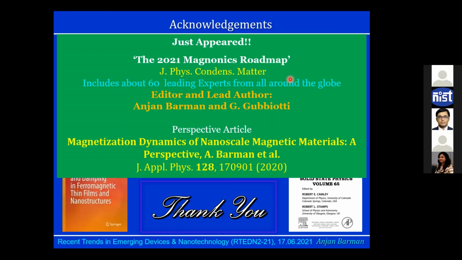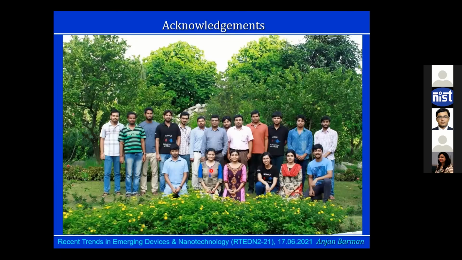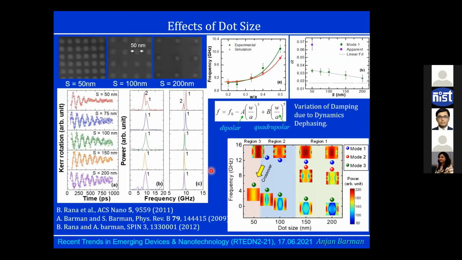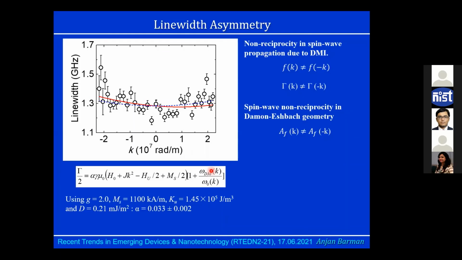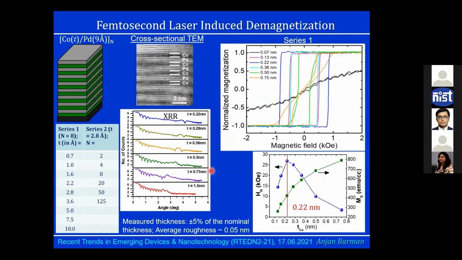So when you have domains, if you remember, maybe I go back a little bit to some of my previous slides. Luckily, here you can see the same material with varying thickness.